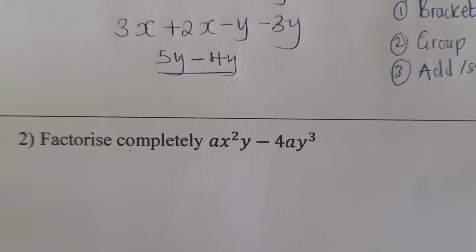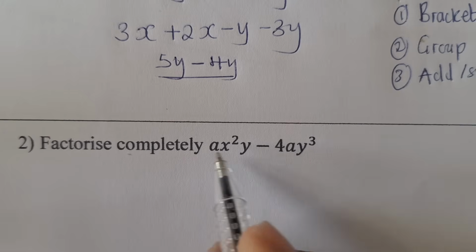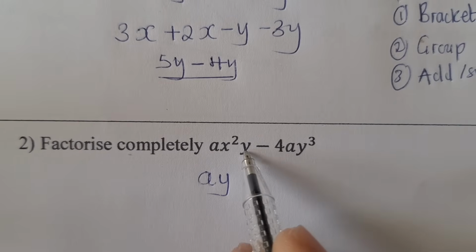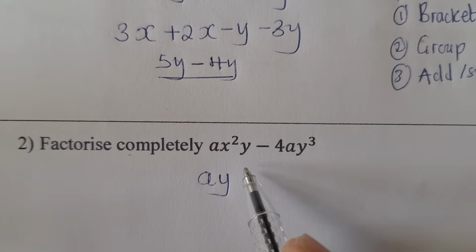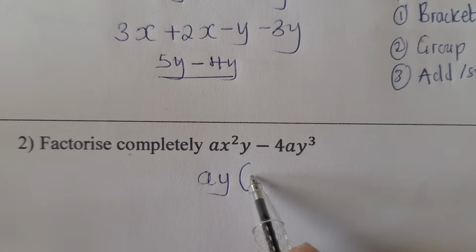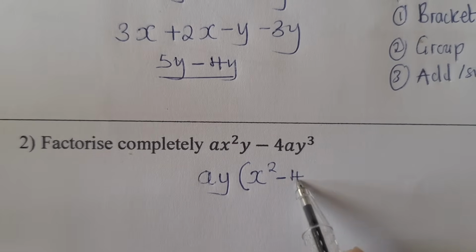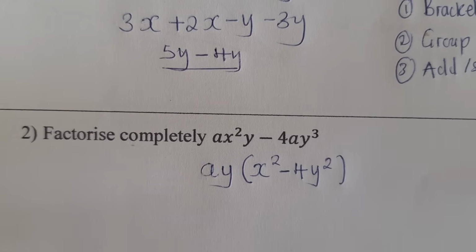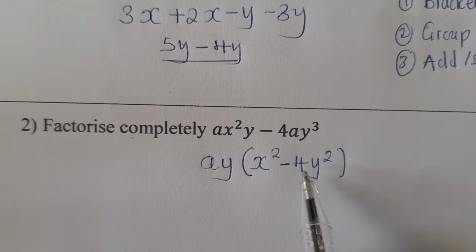Question 2, to factorize completely, we are simply going to say, what is it that is common here? It's a, y. So a is here and here, y is found here, while a is here also and here. So we're going to say ay into (ay squared) x squared minus 4y squared. Once you do that, you're going to apply what we call difference of two squares inside here.